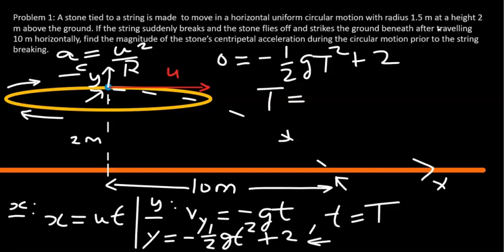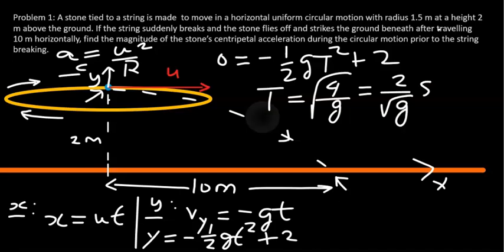The time of flight would be square root of 4 over g, or 2 over square root g seconds. This capital T is also the time the stone takes to travel a horizontal distance of 10 meters.